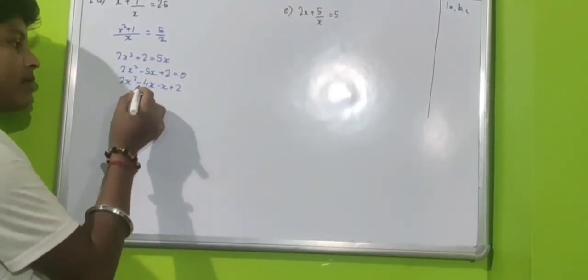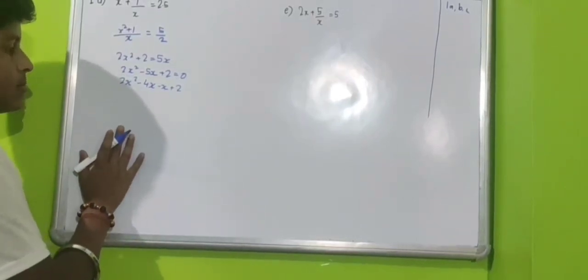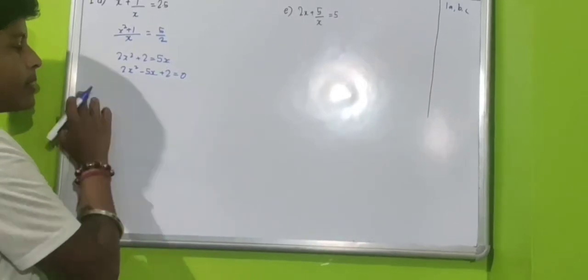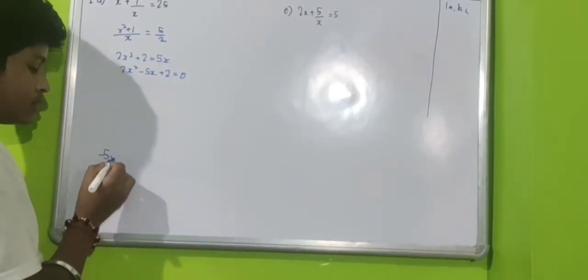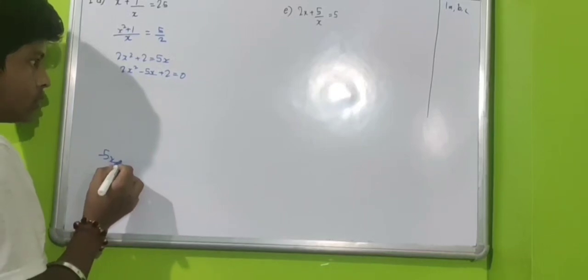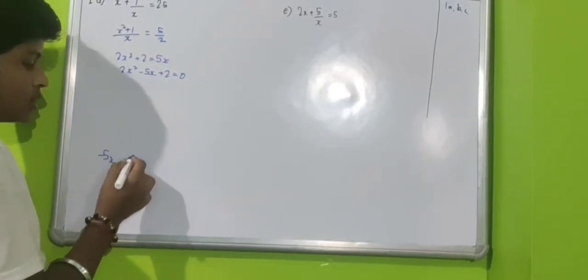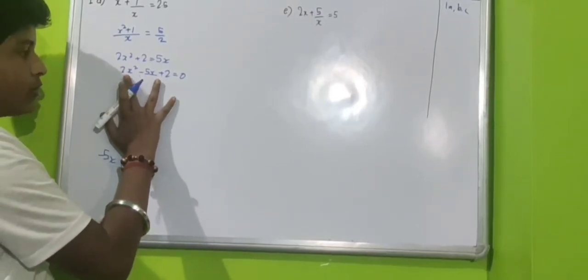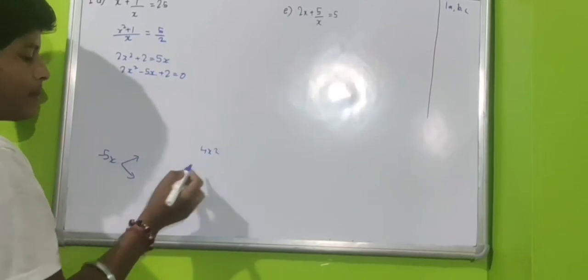Here we have to split minus 5x into two parts such that the sum equals minus 5x and the product is equal to the product of these two. So the product of these two equals 4x square.